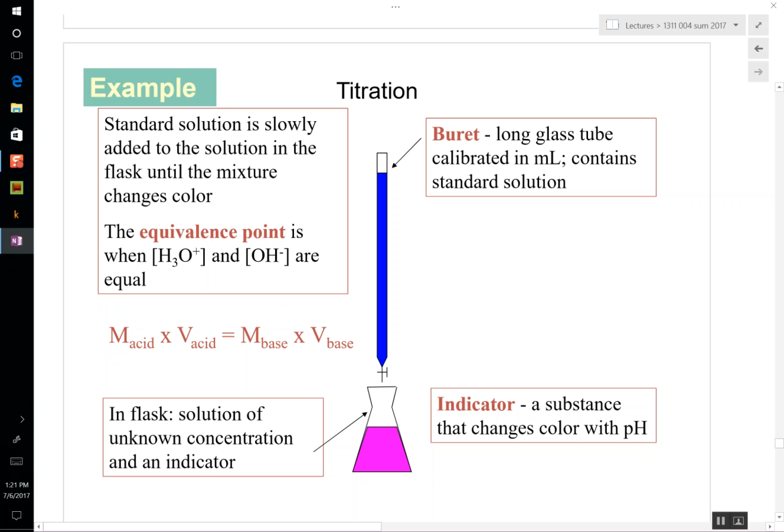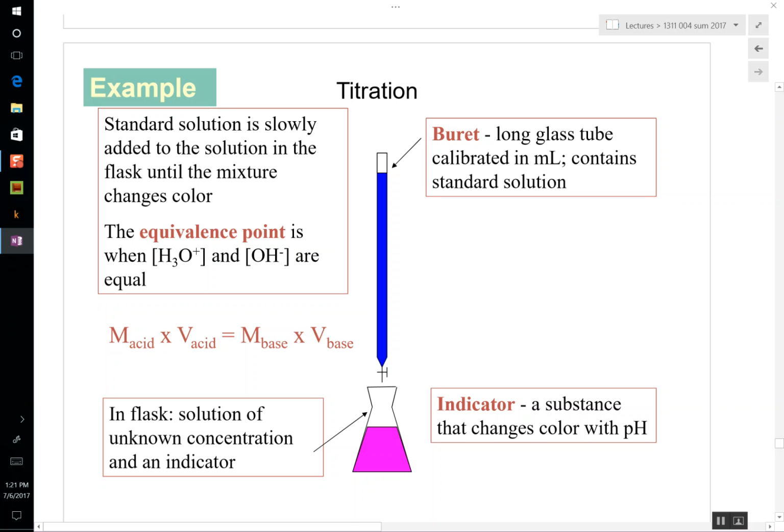We're going to talk about titration in terms of an acid-base titration. There are other kinds of titrations. You can do an oxidation-reduction titration, but acid-base titration is a very common one. In this, 1 mole of HCl will neutralize 1 mole of sodium hydroxide.